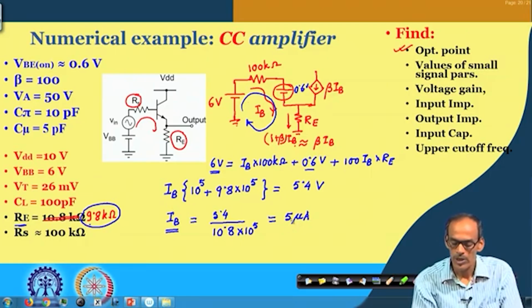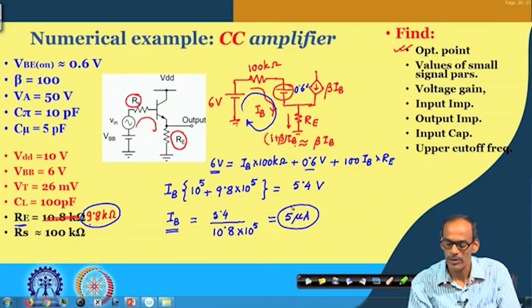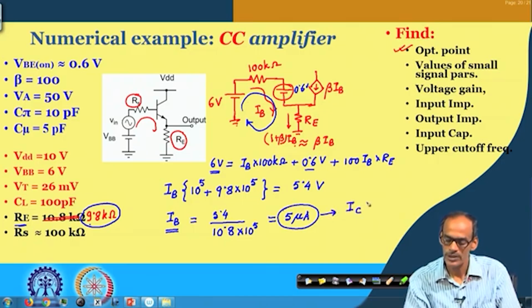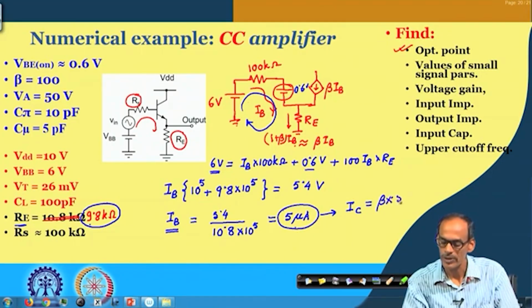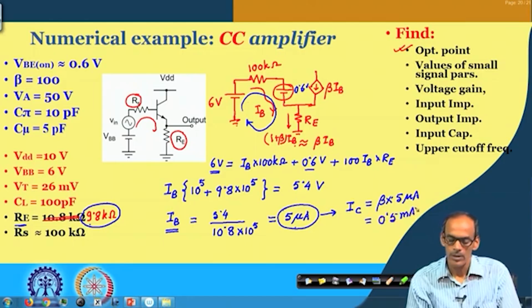Once you obtain this IB of 5 microampere, that gives us IC equals 100 into 5 microampere, so beta into 5 microampere, that equals 0.5 milliampere, right.